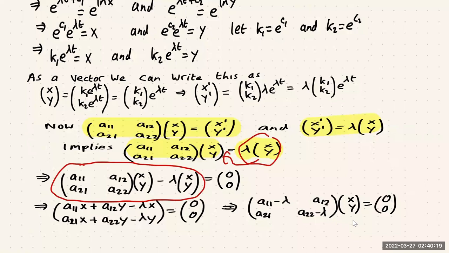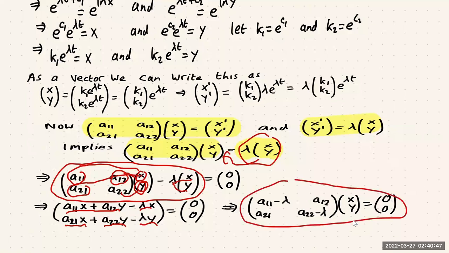And then we can write this out. This means x times a11 plus y times a12, then I'm going to subtract lambda x. Then we go x times a21 plus y times a22, then subtract lambda y. I claim it can be written like this, so let me explain.